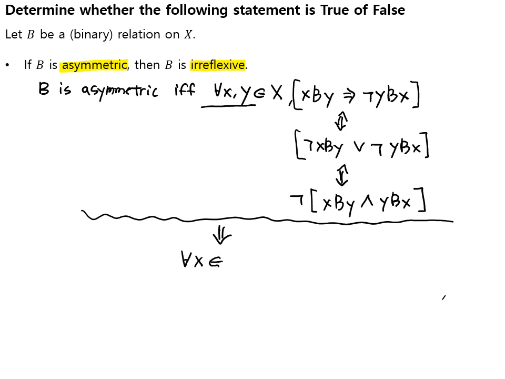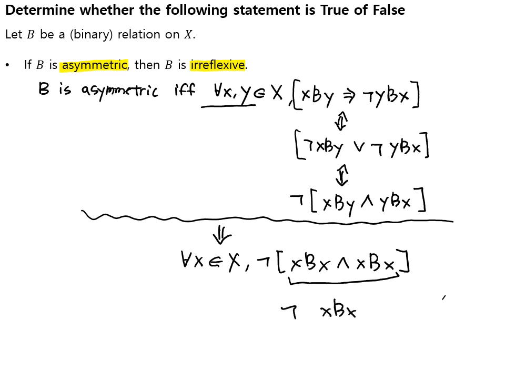So for all elements in X, it is not the case that x is related to x and x is related to x. But this can be simplified to x B x with the negation symbol here.